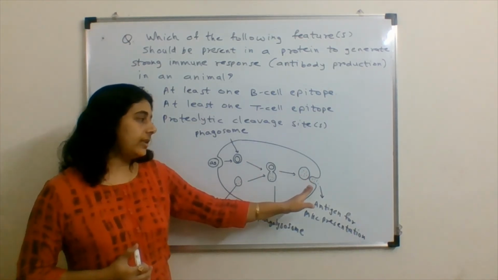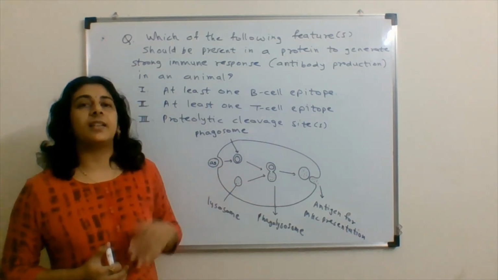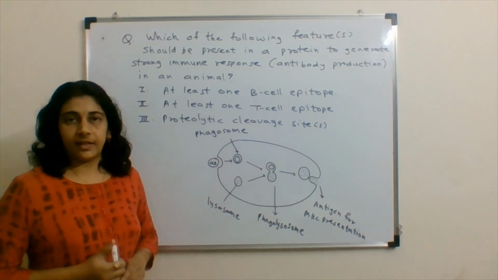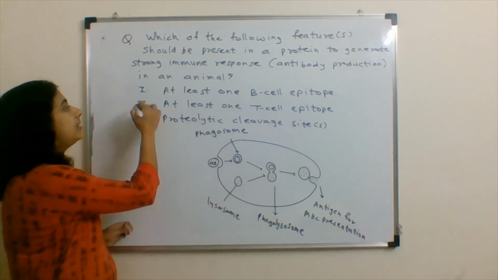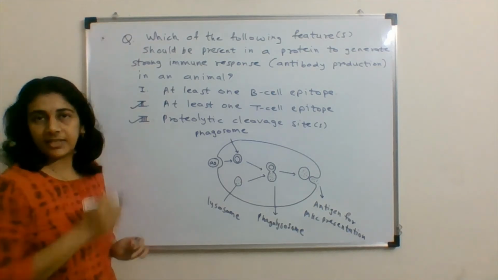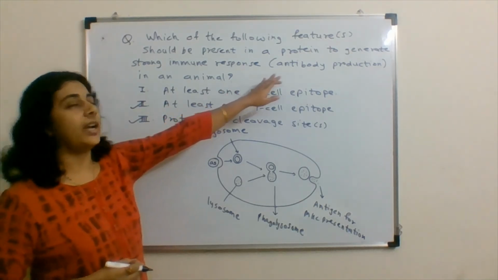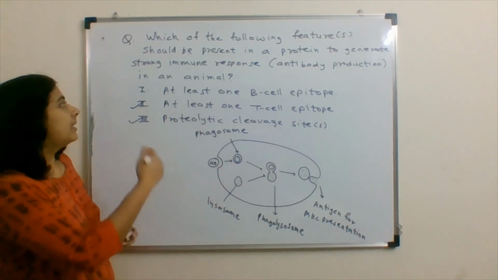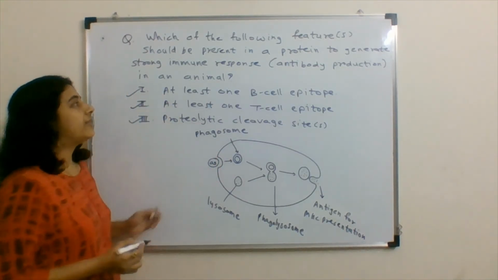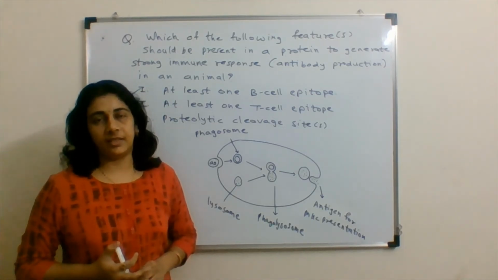So when this is going to be expressed on the MHC, the T cell is going to recognize that. So this option or this point is to be there, and proteolytic cleavage site, this point is also to be there, to be having a antibody production. And initially itself we have seen that at least one B cell epitope is to be there.